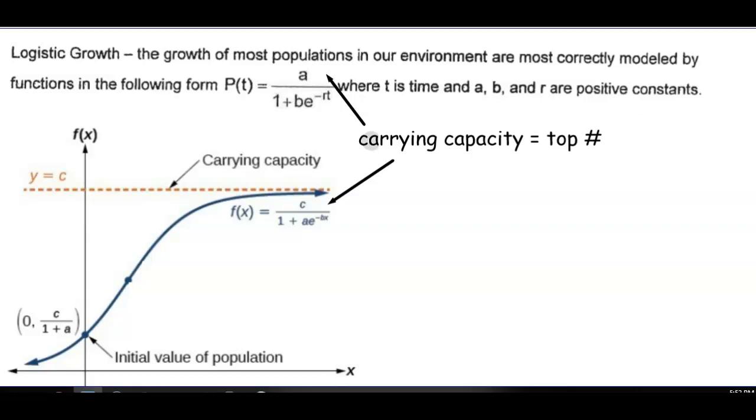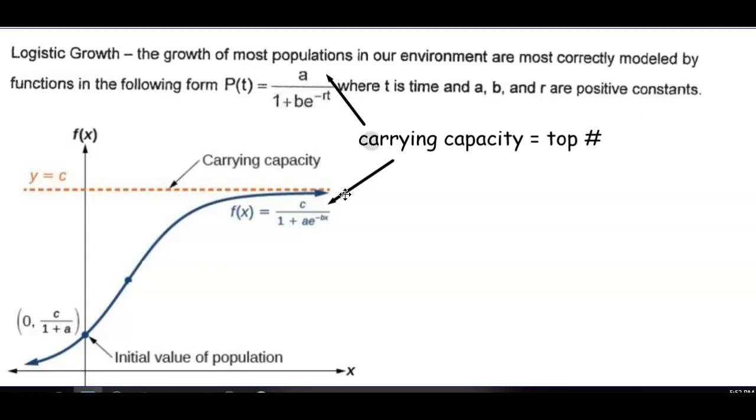Logistic growth happens all the time to populations in our environment. It models things that increase and grow quickly and then reach what's called a carrying capacity. For example, I live out at Candlewick Lake. If we were to throw boatloads of fish into the lake, they would reproduce quickly, but eventually they would reach a maximum that the lake can only hold and sustain so many fish.